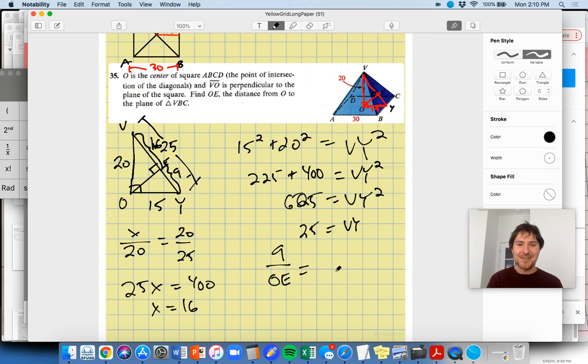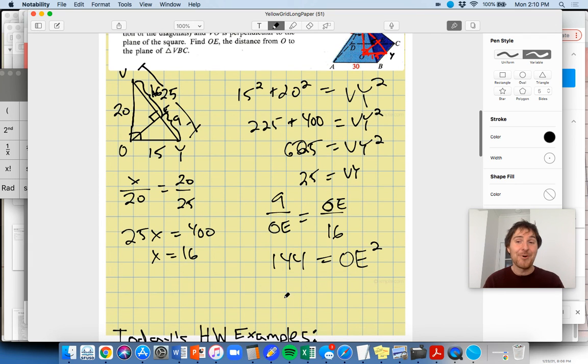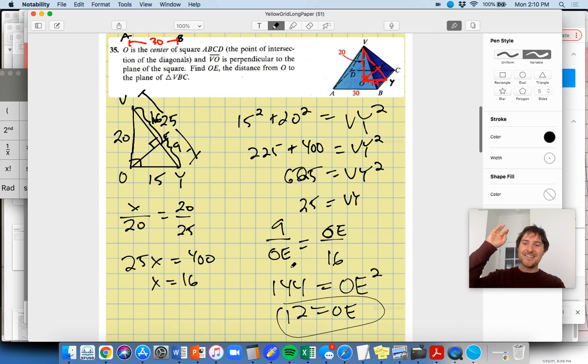So OE is the geometric mean of 9 and 16. 9 times 16 is 144, which equals OE squared. Take the square root of both sides. 144 is a perfect square, and we get 12. OE equals 12, and there we have our answer.